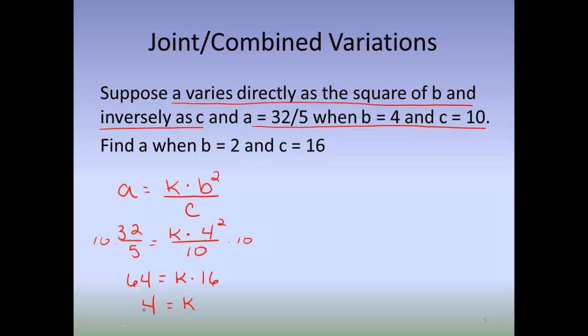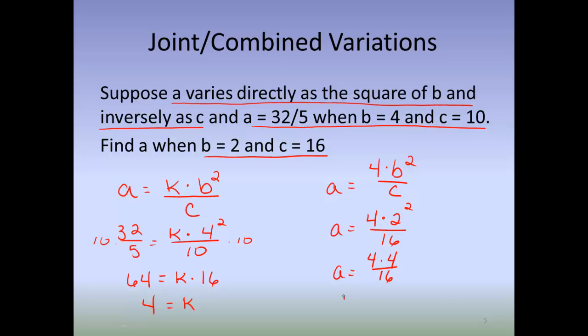Divide by 16 and I get K equals 4. So my variation equation is 4 times B squared over C. Use this last piece of information. 4 times 2 squared over 16. A is 4 times 4 over 16. So A will be 1 as your final answer.